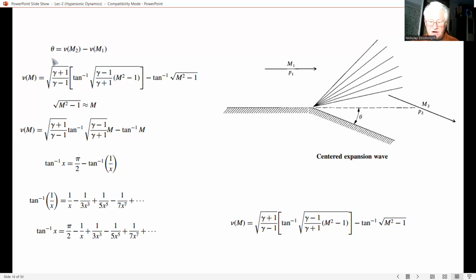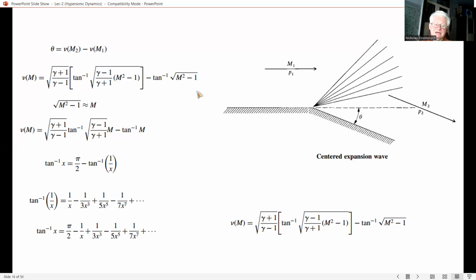The first component is the radical of (gamma plus 1) over (gamma minus 1), and the second component is the inverse tangent of the radical of (gamma minus 1) over (gamma plus 1) times (M squared minus 1). And the third part is the inverse tangent of the square root of M squared minus 1.